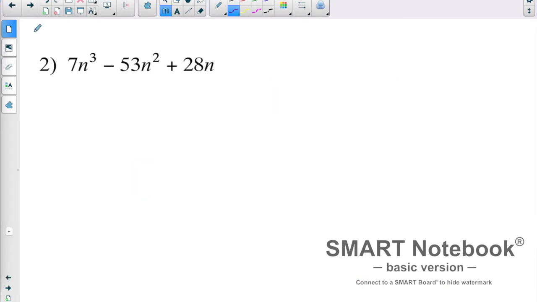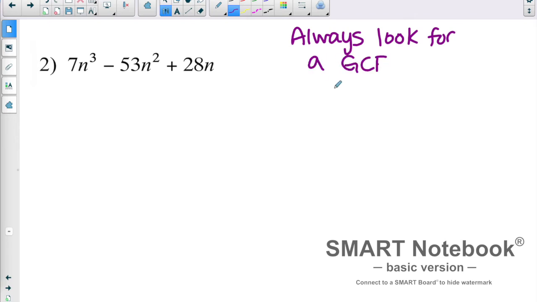Alright, so let's jump to number 2. Again, the first rule of factoring will always be look for a GCF. So if I look for a GCF here, 7, 53, 28, 7 can go into 28, but it can't go into 53.